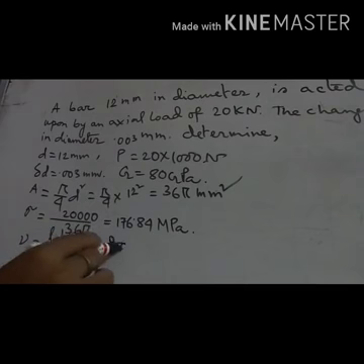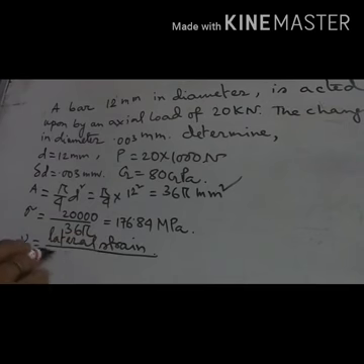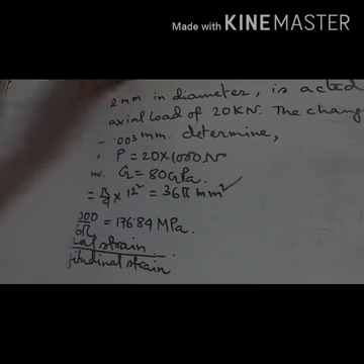Poisson ratio is equal to lateral strain by longitudinal strain. So lateral strain delta D by D is equal to nu into epsilon.